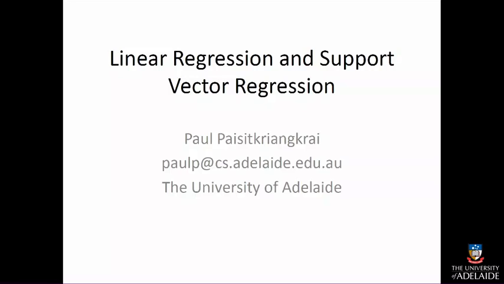In the first class a few weeks ago, we mentioned that there are mainly two types of machine learning problems. The first one is classification, in which the response, the label, is discrete. In the case of binary classification, we can just assume the labels are positive one and negative one.